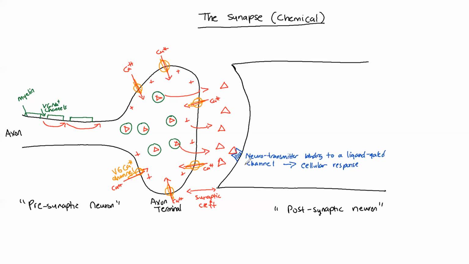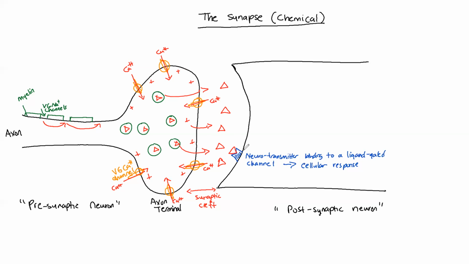Essentially, we go from action potential, which is electrical energy, to neurotransmitter, which is chemical energy. That neurotransmitter crosses the cleft and binds to a ligand-gated channel, and this is how we retransmit that chemical energy back to electrical energy.